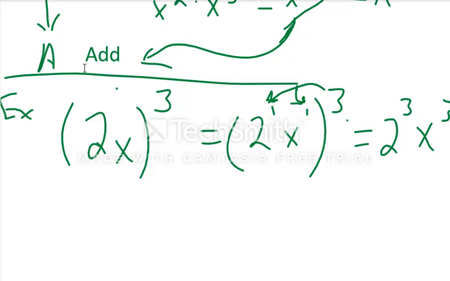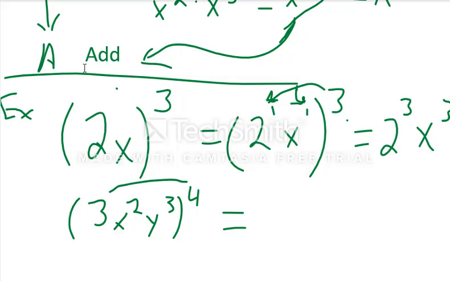So another example. If we have 3x squared y to the third, and we take all of that to the 4th power, we're going to make sure that we distribute that exponent 4 to everything in there.